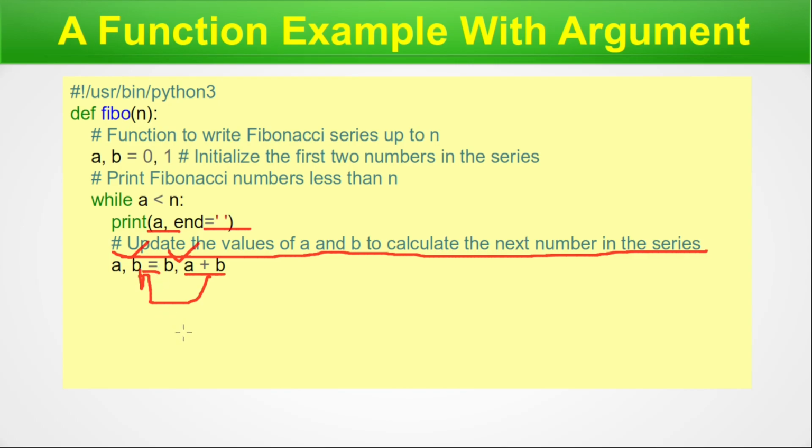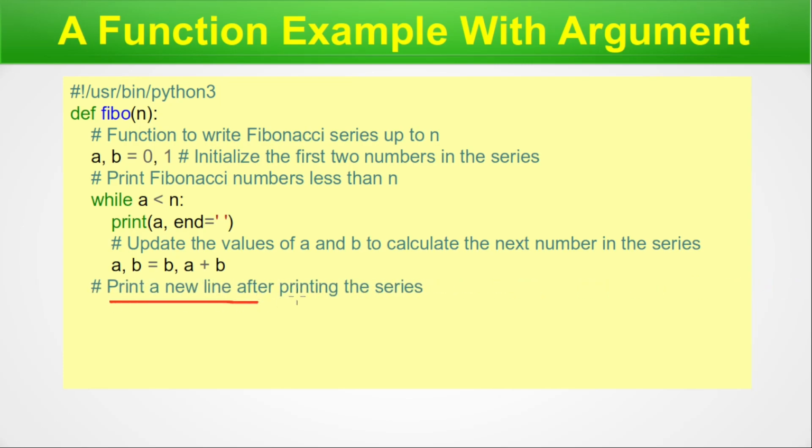So this is a dual assignment. That means we are assigning two variables at the same time. This is how our initial variables shift to the next position, and the next position proceeds in the manner in which the Fibonacci series should proceed.